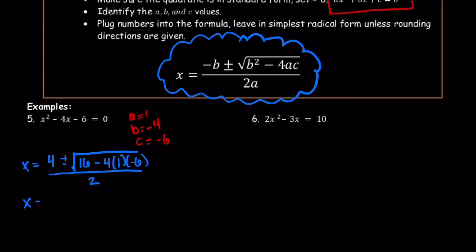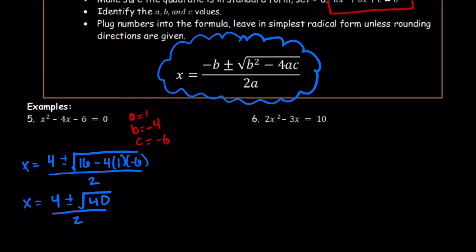What I'd like to see next is that you put what we call the discriminant, which we'll get into later, but that's this part, not the square root, just what's underneath. Put all of this into your calculator to get that radical. So I get 4 plus or minus square root of 16 minus 4 times 1 times negative 6, and that would be over 2.